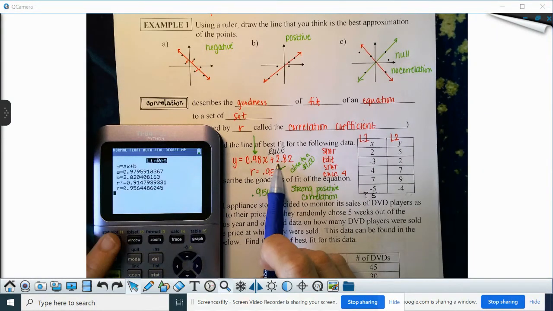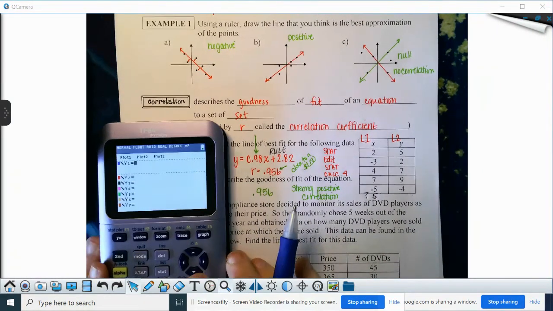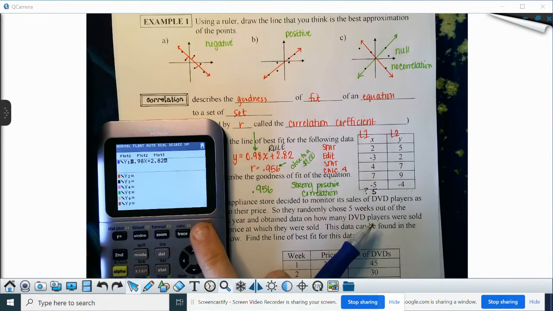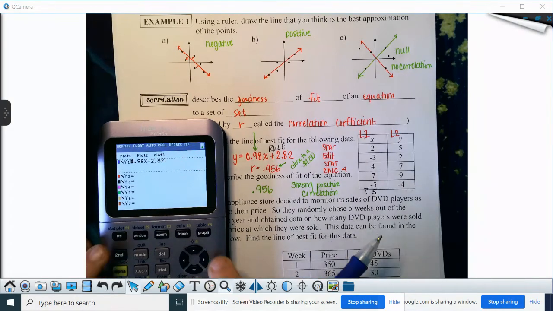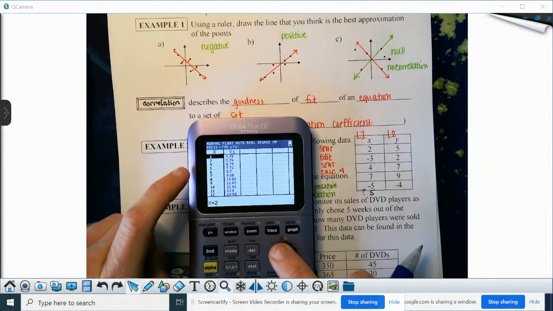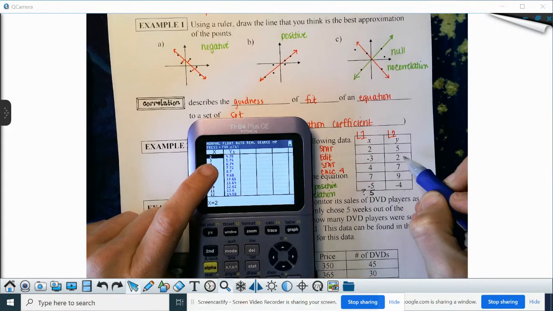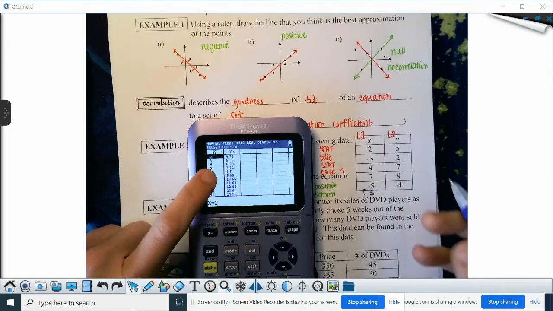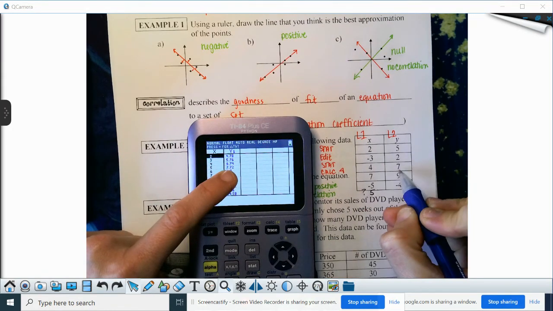So if I go to y equals 0.98x plus 2.82, look at my table. Your actual at 2 is 4.78, which is pretty darn close to 5. My actual at 4 is 6.74, which is pretty darn close to 7.